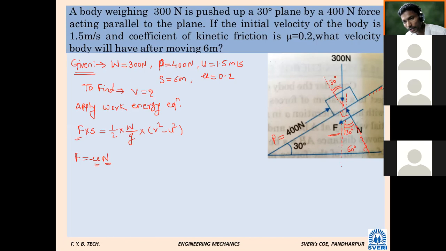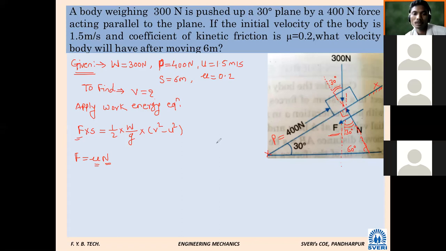What will be the component of this force? 300 cos 30. N is acting perpendicular to the plane, and it is going upward. Now we take the XY axis, with the horizontal as X. Is N going upward or downward?